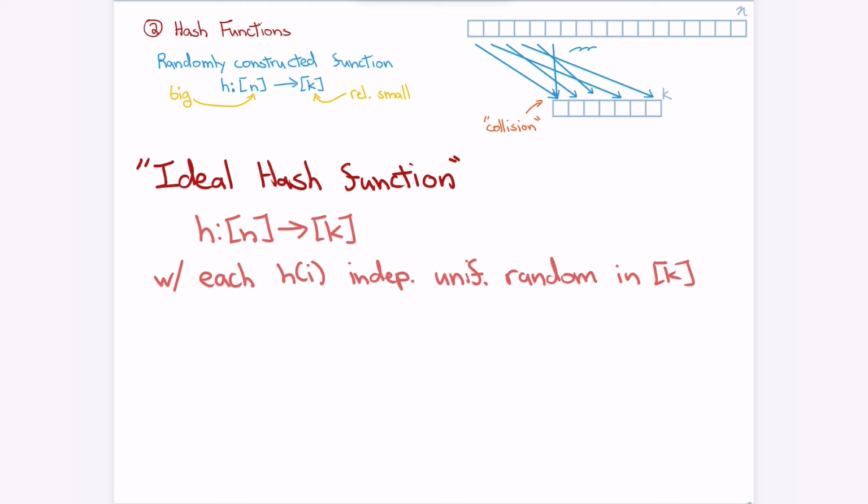Here's a baby question first. An ideal hash function can output any particular function from n to k, right? They're all possible, maybe with small probability, but they're all possible. How many functions are there from 1 of n to 1 of k? K?